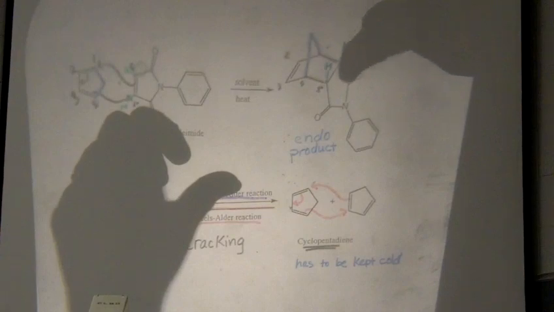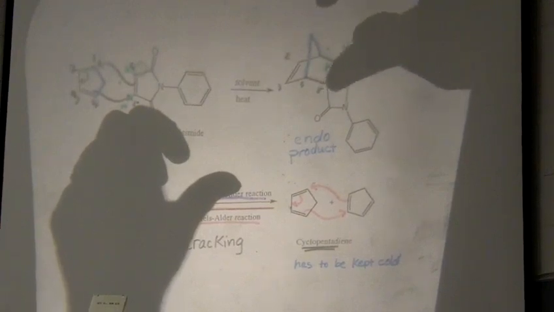So we get our endo product. We also, here's where we conserve our stereochemistry, okay? So where these protons are, that helps us conserve the stereochemistry, right?